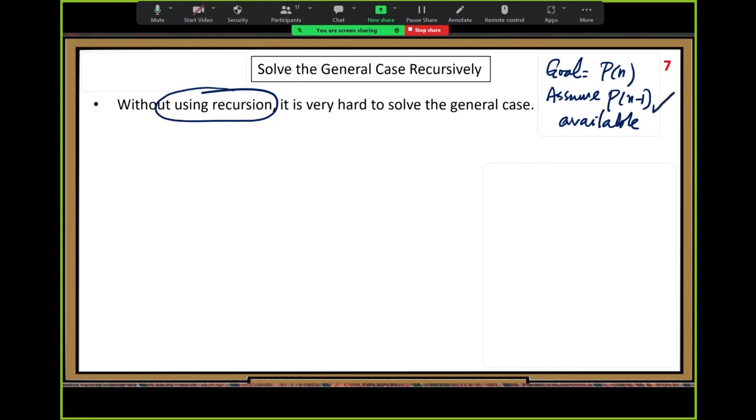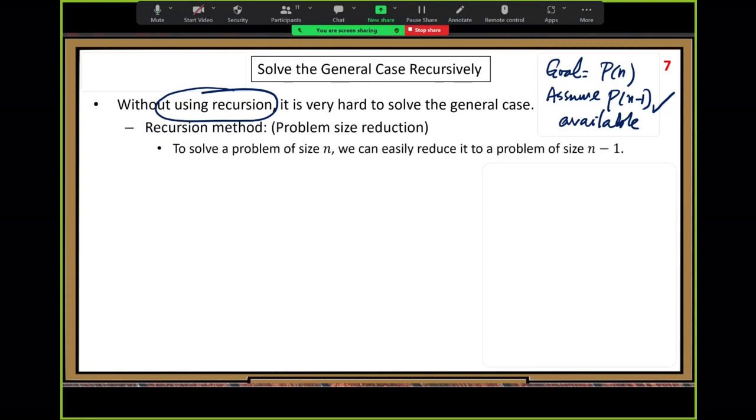So we already have this part. Now we only need to fill the gap between P of n and P of n minus 1. That gap part is not that hard, just a small number of disk moves. So let's look at that.